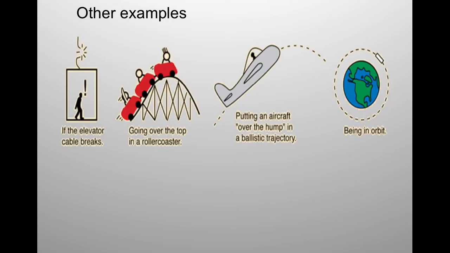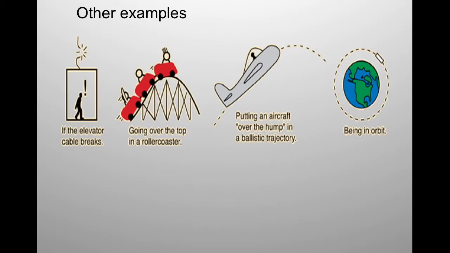Here are some other examples. You've probably experienced this. Hopefully, you've never experienced the first one. So if the elevator cable breaks, you would feel weightless. Going over the top of a roller coaster, this part right here, because both the roller coaster car and you are both falling, the roller coaster cannot push up on you.